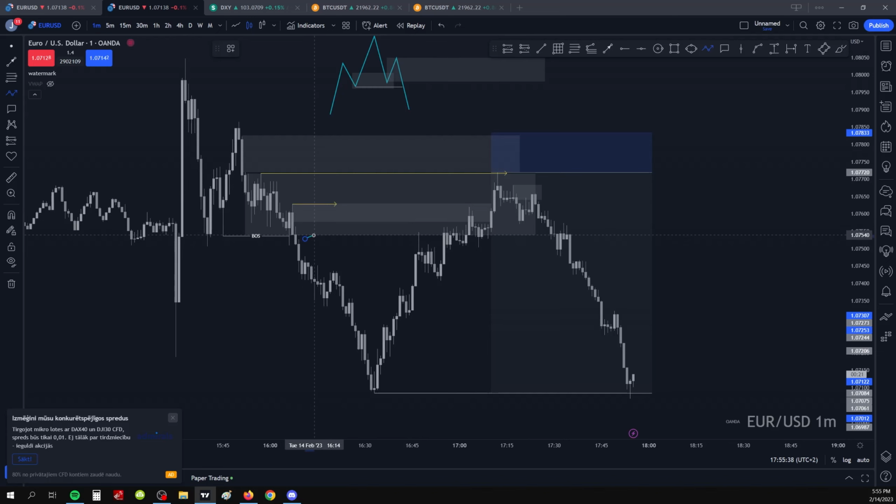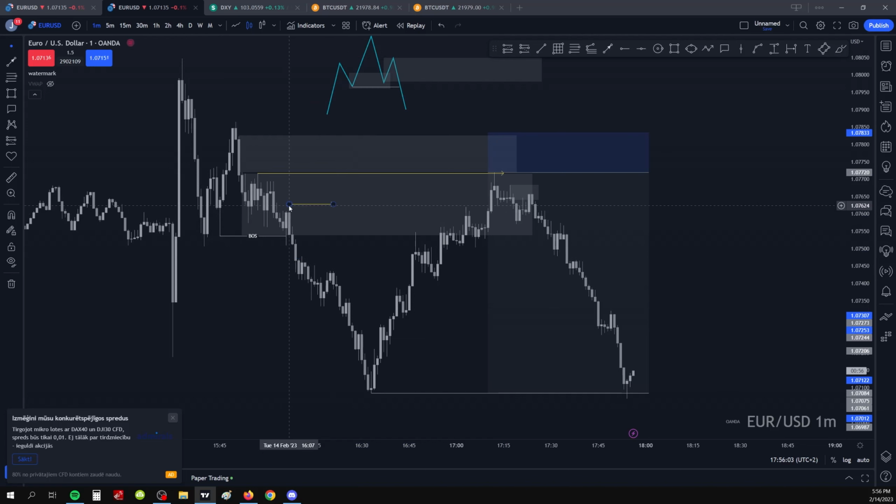If there was a high like this, then maybe this wick would work. But there is no liquidity here. So this will be used as your liquidity. That's how you can check liquidity points easily. If you don't see the liquidity, then you are the liquidity, that saying.